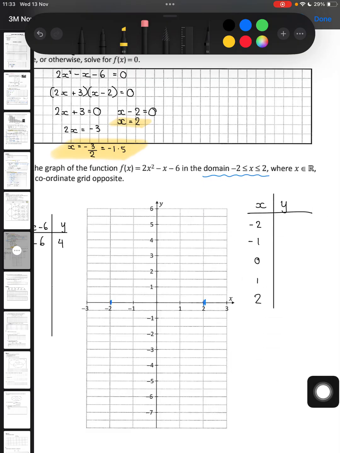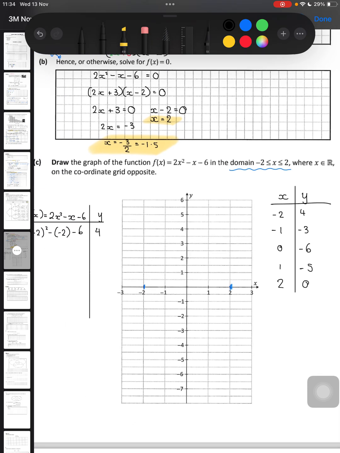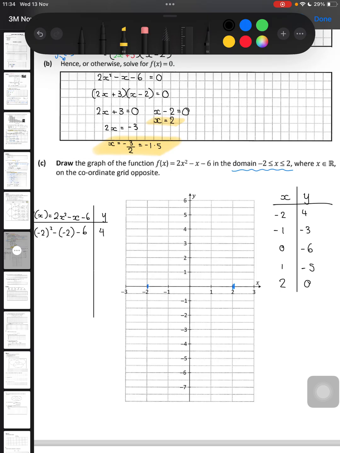So we get a value here of 4. Then we're going to get -3, -6, -5, 0. So when x is -2, y is 4, so here at this point. There is my first point from these.